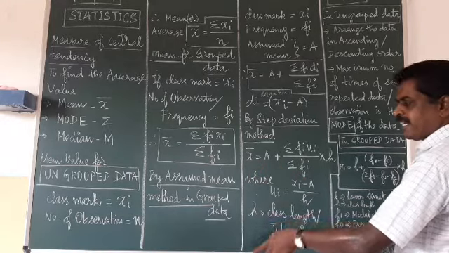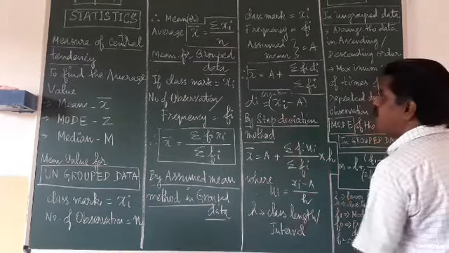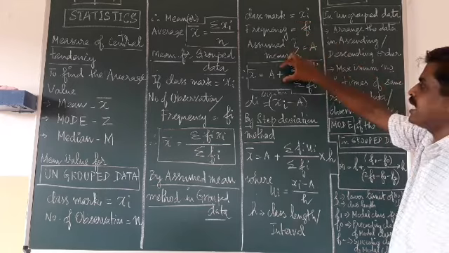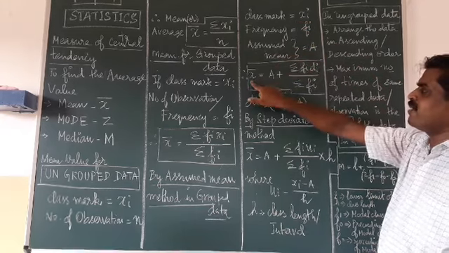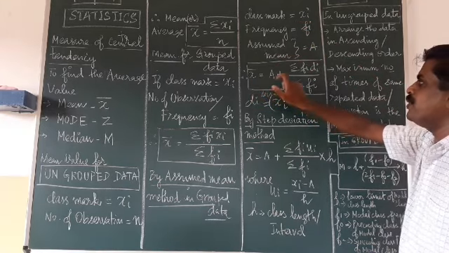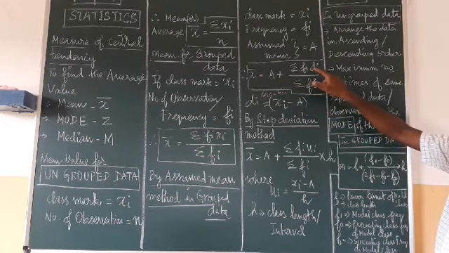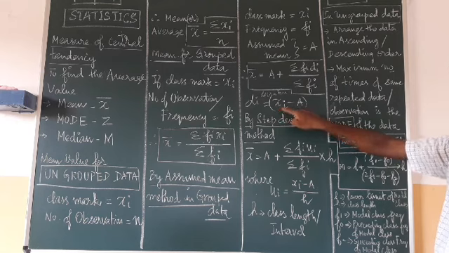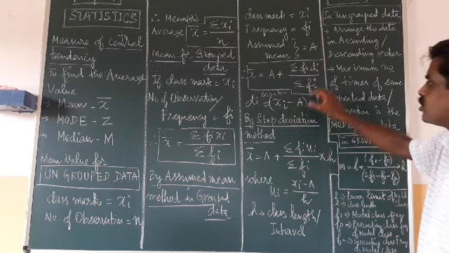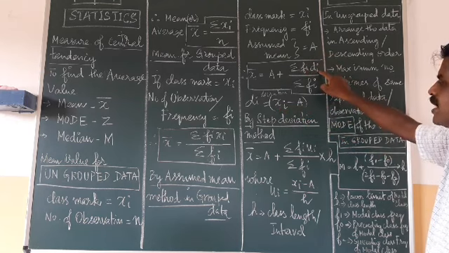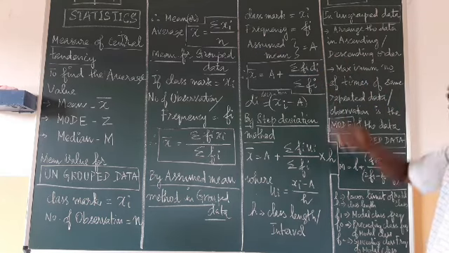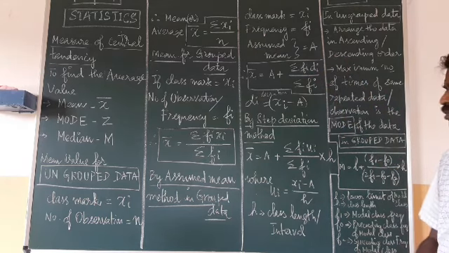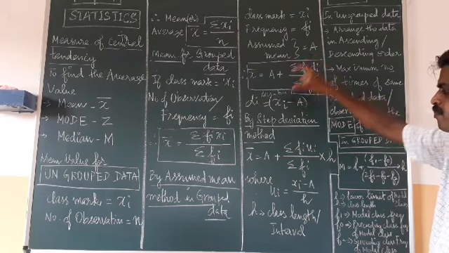In grouped data, if you use the assumed mean method, you assume one class mark as a, and the formula is x bar equal to a plus sigma fi di upon sigma fi, where di is xi minus the assumed mean. So calculate everything, multiply fi di, add it, and divide by the sum of the frequencies.